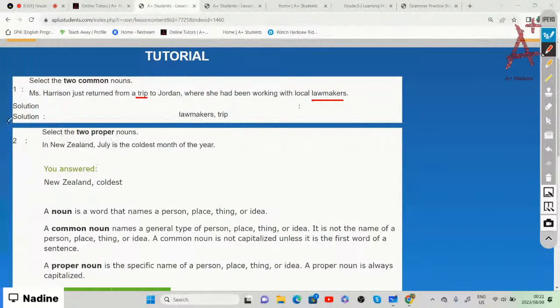If we select the two proper nouns within the sentence, the one would be New Zealand, the name of a place, and July, which is a month of the year. So those are the two proper nouns. And as you can also see, those words, the proper nouns, are capitalized even though they are not at the beginning of a sentence. Because of them being proper nouns, they are capitalized. So New Zealand and July.